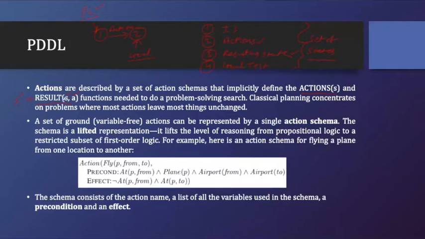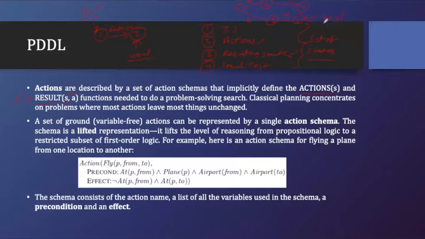Here, let's say we are in the initial state. If we perform action A, we'll reach state 2. If I perform action B, I'll reach state 3. If I perform action C, I'll reach state 4. If I perform action D, I'll reach state 5, in that way. Let's assume that 5 is your goal state.